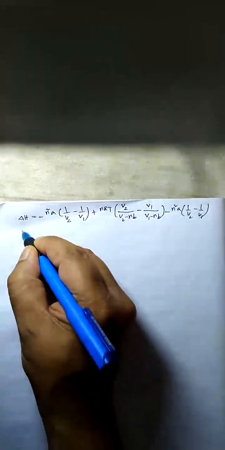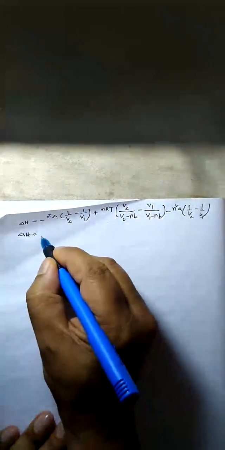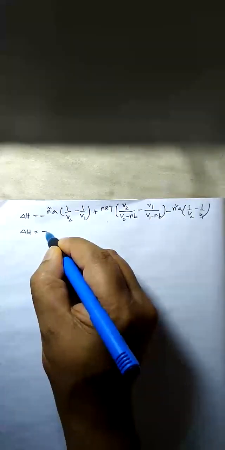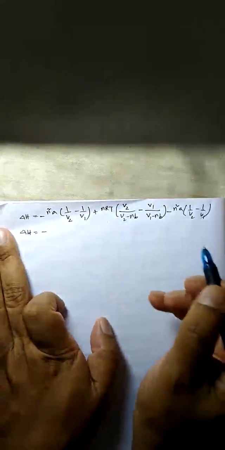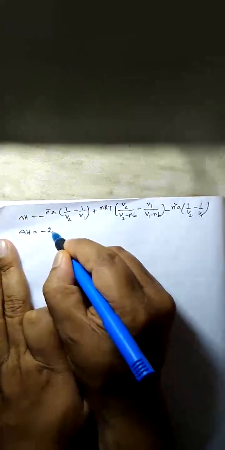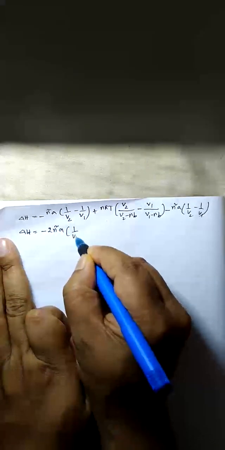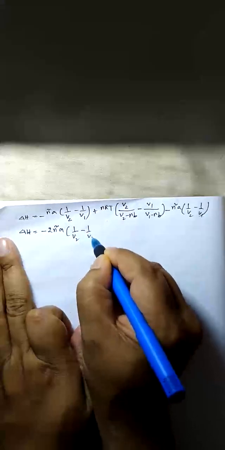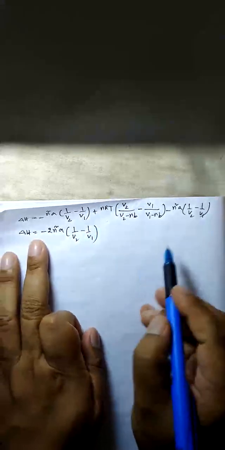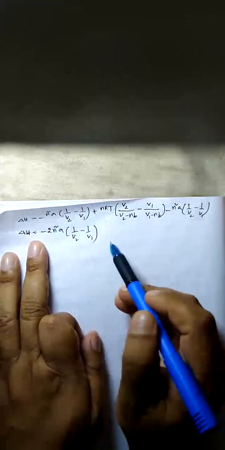We get delta H is equal to minus 2 n square a (1 by v2 minus 1 by v1). Okay, this one mixed.